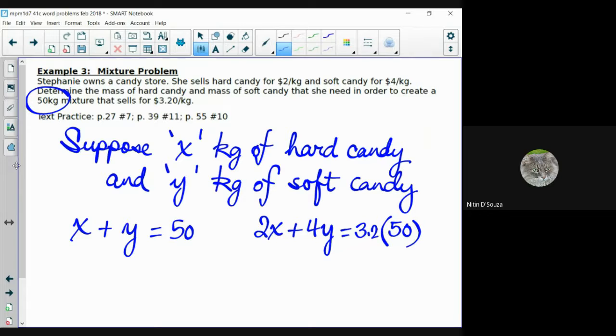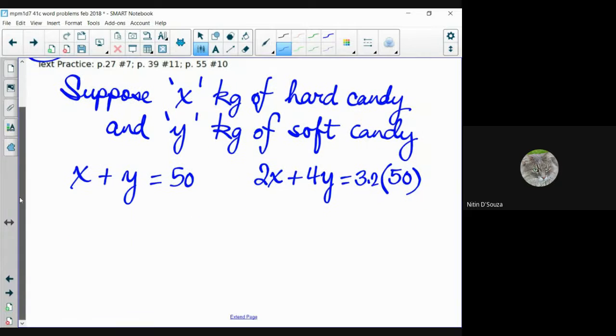Do you understand how I got that equation? One is kilos plus kilos equals kilos. The other one is $2 for hard candy, $4 for soft candy, gives us 50 kilos at $3.20, which is this one. So I'm going to fix that. I'm going to write 2x plus 4y equals.